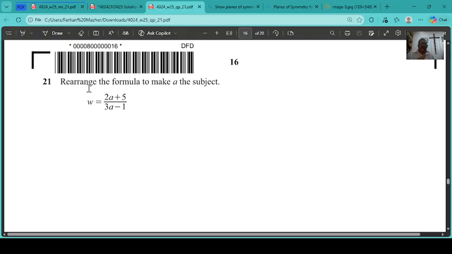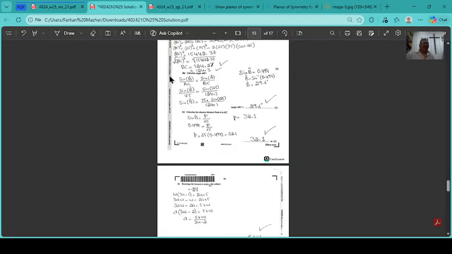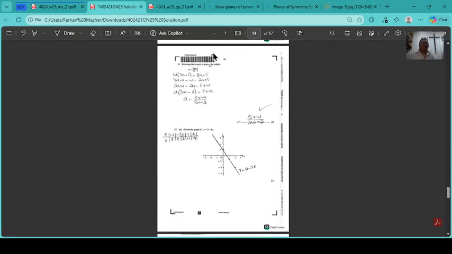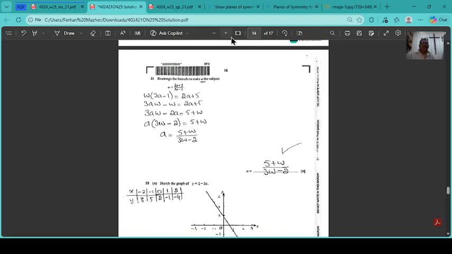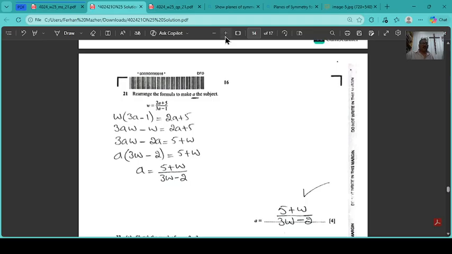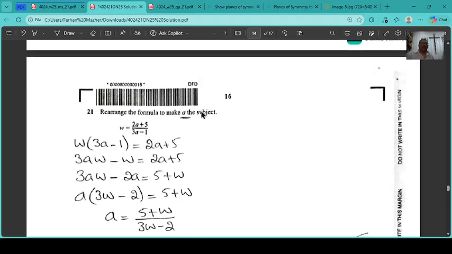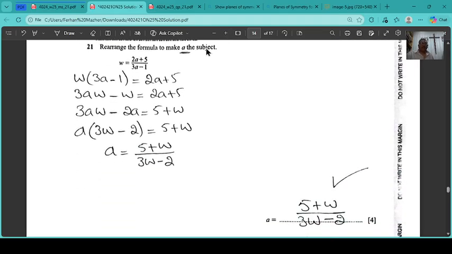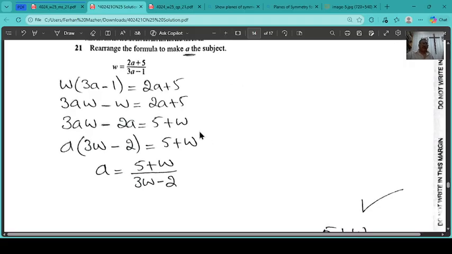But the problem here is that A is present in two terms, so we have to bring that A on the same side. There are two terms which have A in them. So here we go. The solution of this part, question number 21, is coming up on your screen.